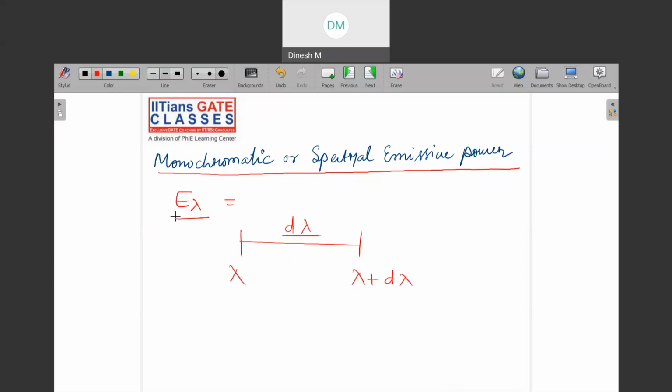So if I know the emissive power as a function of lambda, and I integrate it between the given limits, let us say 0 to infinity, then I will be able to find the monochromatic emissive power. Okay.